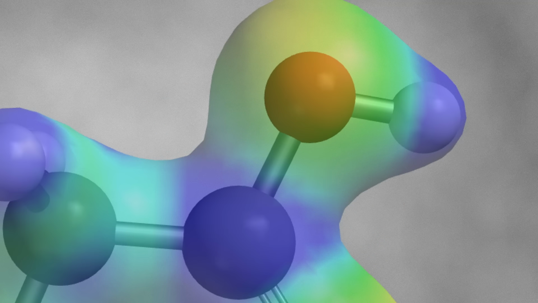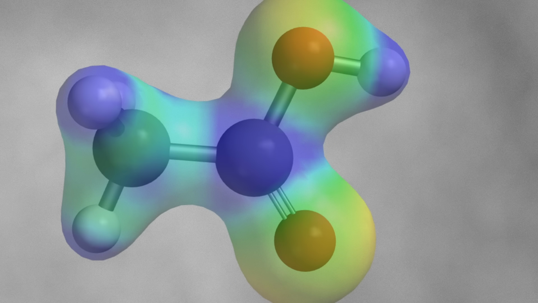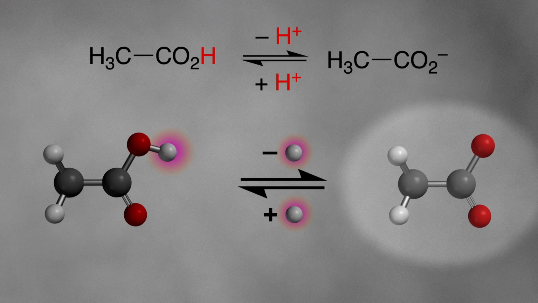But let's take a look at this carboxylic acid. This part here looks just like an alcohol, but there are two differences compared with real alcohols. Firstly, this carbon atom is doubly bonded to another oxygen atom, which pulls away even more electron density from the poor proton. But on top of that, and perhaps more importantly, the conjugate base is stabilized by something called resonance.